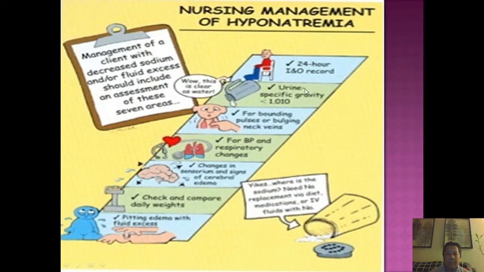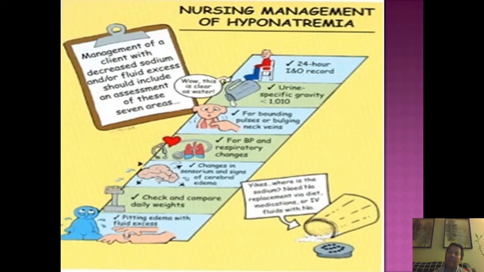You need to monitor the urine specific gravity as well. I'd like you to remember the urine specific gravity is between 1.010 to 1.025. So you may need to jot that down. Again, urine specific gravity is between 1.010 to 1.025.